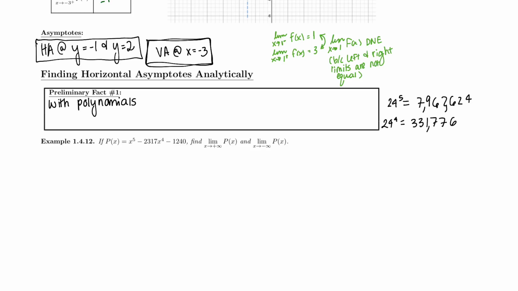And that's just 24. Can you imagine if I'm plugging in the number 1,000 here? I can't even plug in 1,000 because it's going to start giving me exponentials in my calculator.